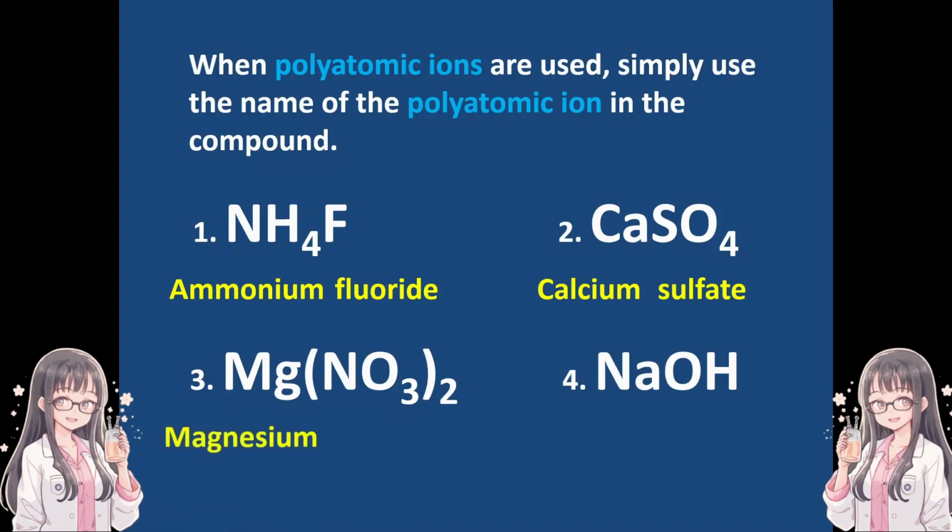Mg is magnesium, NO3 in the reference sheet is what we call nitrate. Last example, Na is a metal, it is called sodium. OH is polyatomic, in the reference sheet it is called hydroxide. So that is how to name polyatomic ions combined with either a metal or a non-metal.